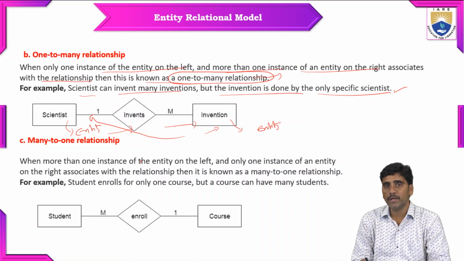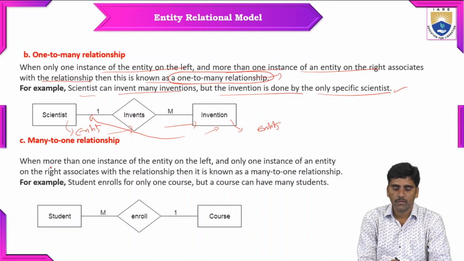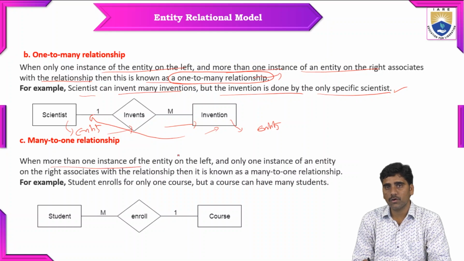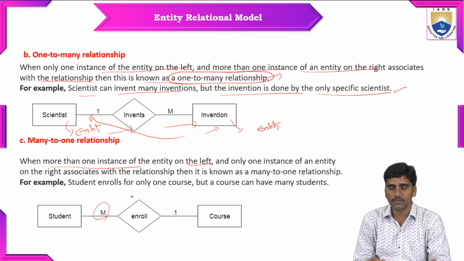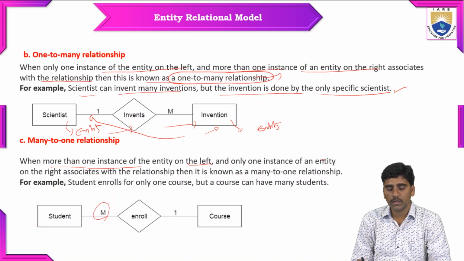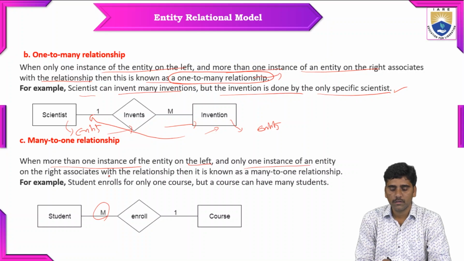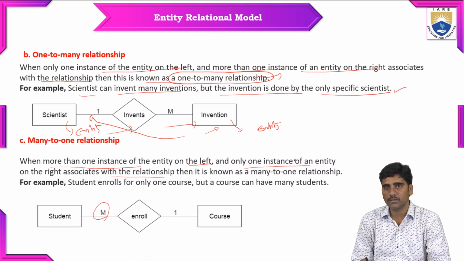And the next one, many-to-one relationship. When more than one instance of an entity on the left side, more than one indicates M, and only one instance of an entity on the right side is associated with a relationship, then it is known as a many-to-one relationship.